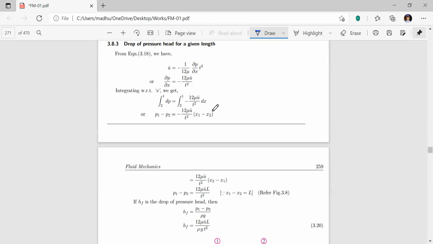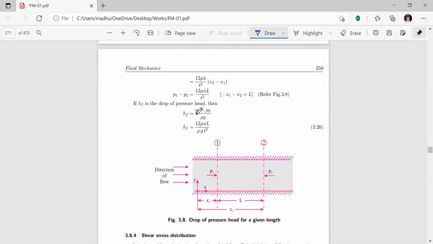After simplification, finally we get p1 minus p2 equal to 12 mu u bar L by t square, where x1 and x2 are two arbitrary positions, and the difference x1 minus x2 is the length in the direction in which the fluid is flowing. So this is one more derivation we have to derive, that is the drop of pressure head.